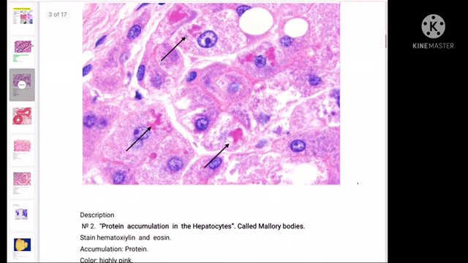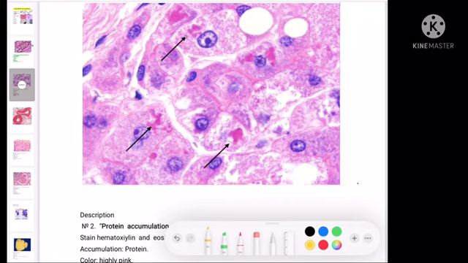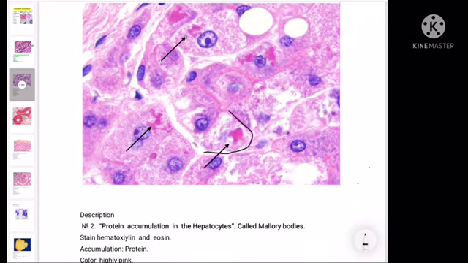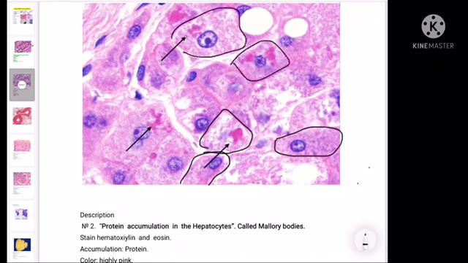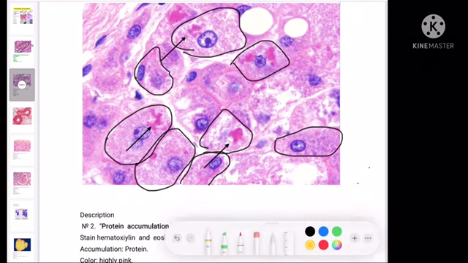Now go for the next image. This one is very important for your exams. What is this image showing? This image is showing the hepatocytes, the liver cells. All these are the liver cells. But some liver cells have some sort of pinkish deposition inside other than the cytoplasmic substance.